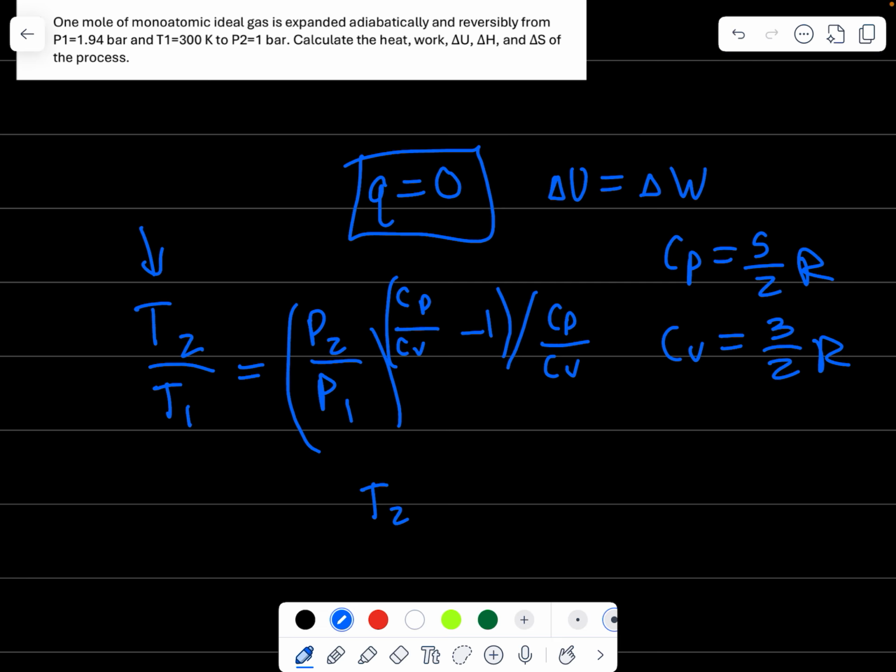So T2 equals T1 times P2 over P1 to the power of Cp over Cv minus 1, divided by Cp over Cv.